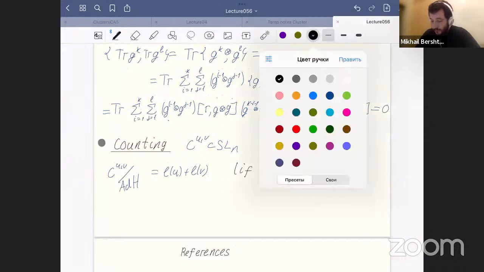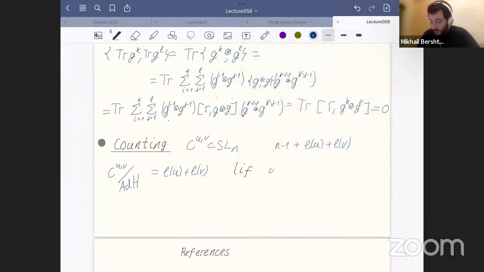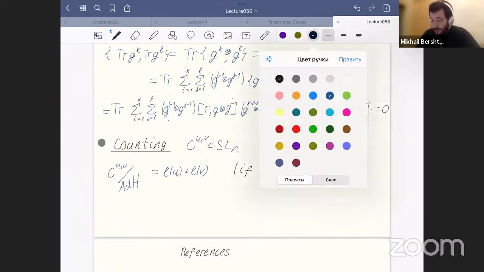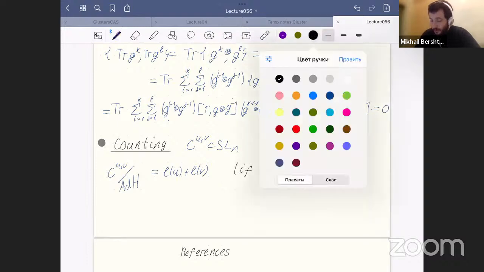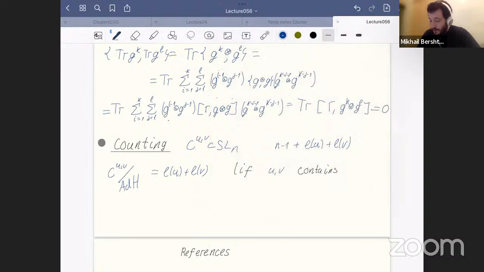If uv contains a simple reflection which corresponds to any root, s_i or s_i bar, for any i.